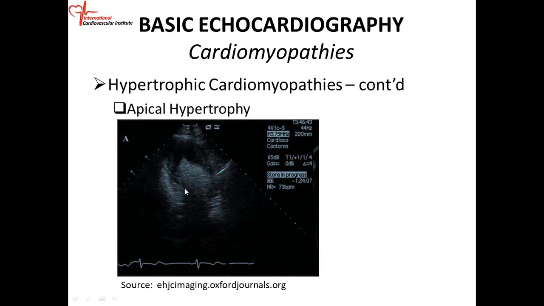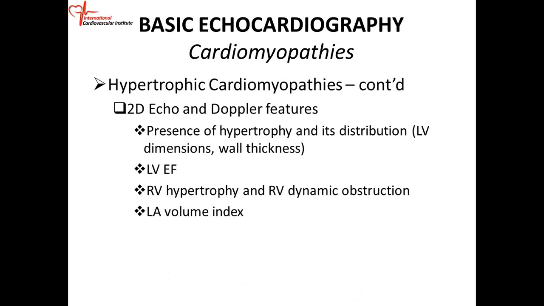We inject contrast into this left ventricular cavity, and it shows the thickening in the apex. So this is your apical hypertrophy, and it gives you the so-called ace of spade picture, okay? Apical hypertrophy.